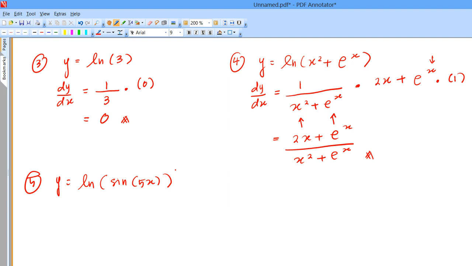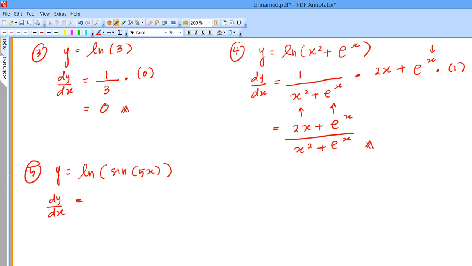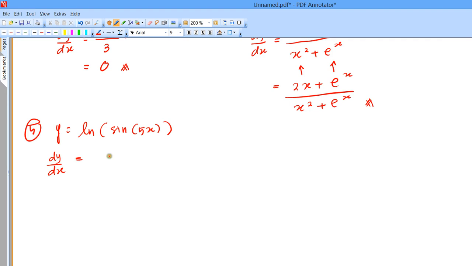So you need to know how to differentiate trigo function. So differentiate left hand side equal to dy over dx equal to differentiate right hand side. We have coefficient equal to 1 over function sine 5x. Okay, times with differentiate this function.